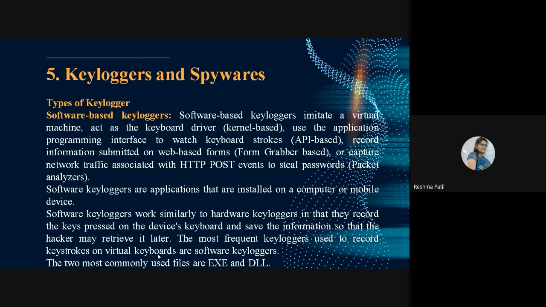If you want to get that information, then software keyloggers are the best way. The most commonly used files for software based keyloggers are exe and dll, because we are going to install that software into the system. So this is the first type of keylogger, the software based keylogger.